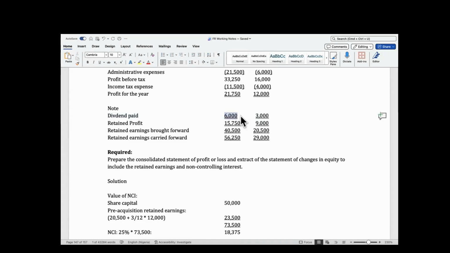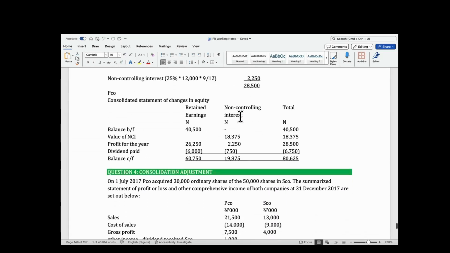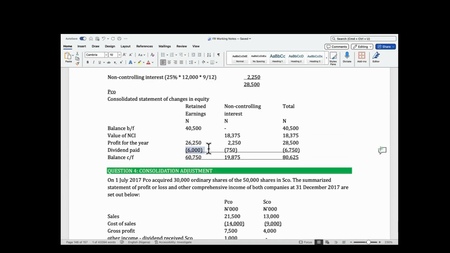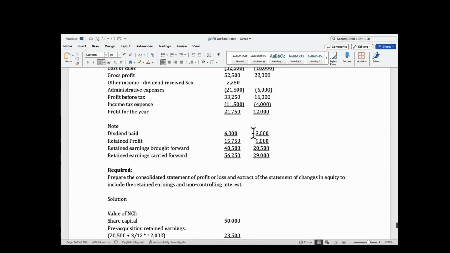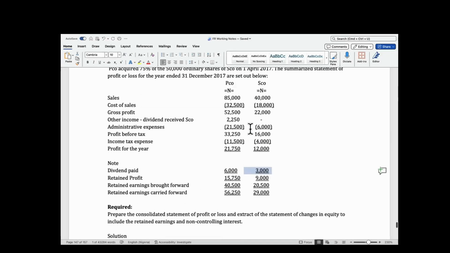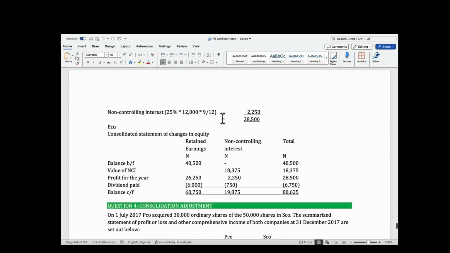The parent paid dividend to its own owners, 6,000, which I will remove from whatever it is that is its profits. Then there is, out of this 3,000, the balance belongs to NCI. The balance belongs to NCI because the parent already got 2,250 out of it. So the remaining 750 belongs to NCI.